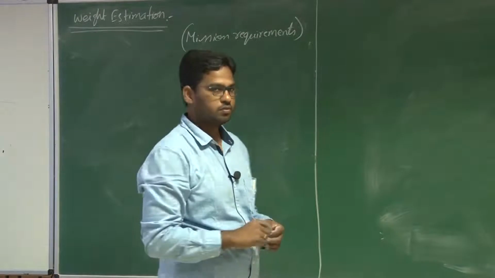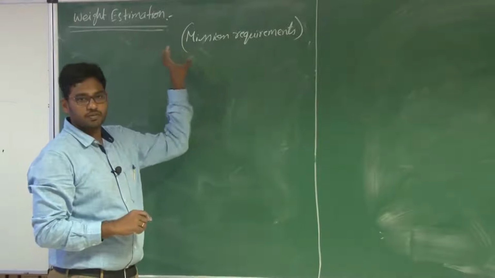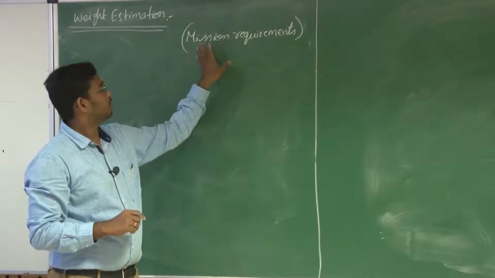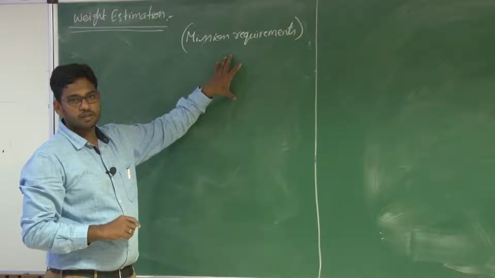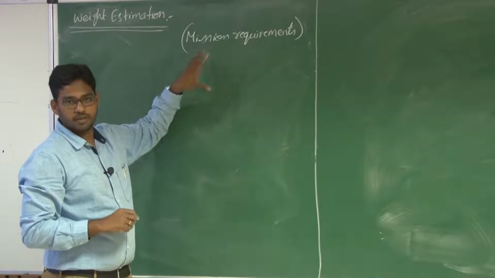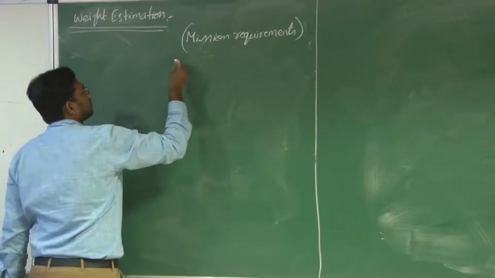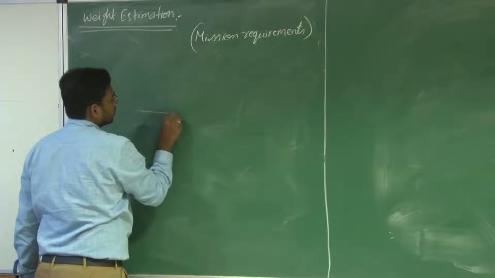The weight of a system varies from one aircraft to another, or one UAV to another, based upon the mission requirements. Mission requirements are the set of tasks that this aircraft has to perform, or the set of performance parameters that this aircraft has to possess, right? So what will be a typical mission requirement of a UAV?